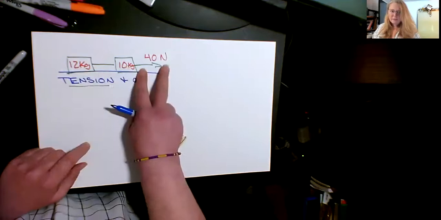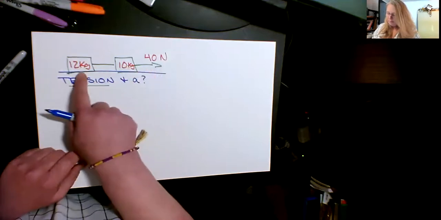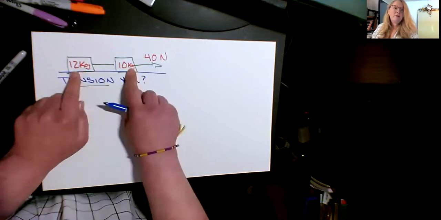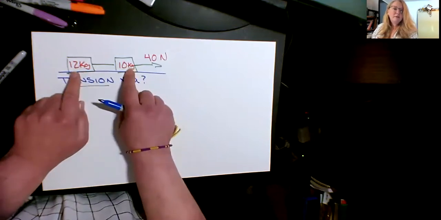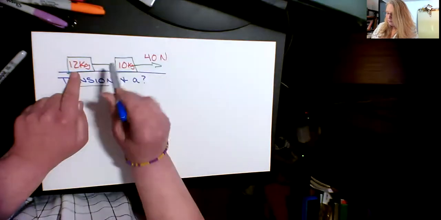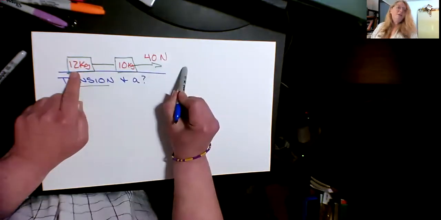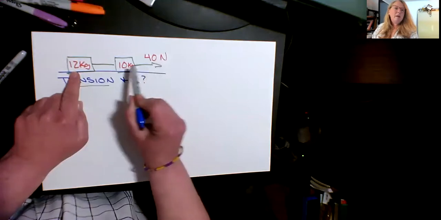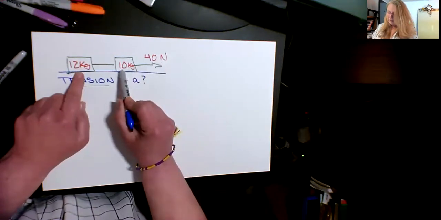Now applying this force, what would it mean if this box, say, had a smaller acceleration than this box? So in other words, these things are going to be accelerating in this direction. I have this force going here. What does that tell me then about this one?